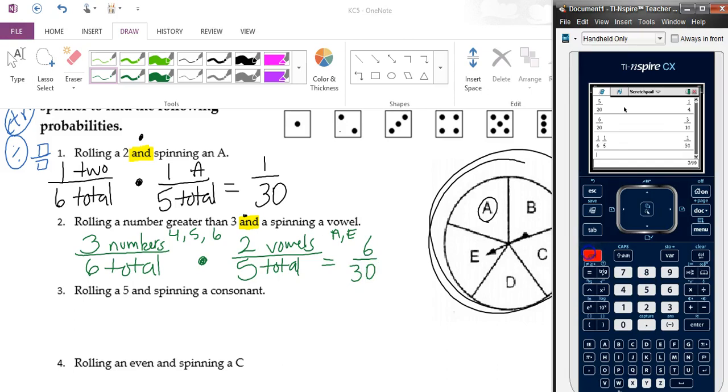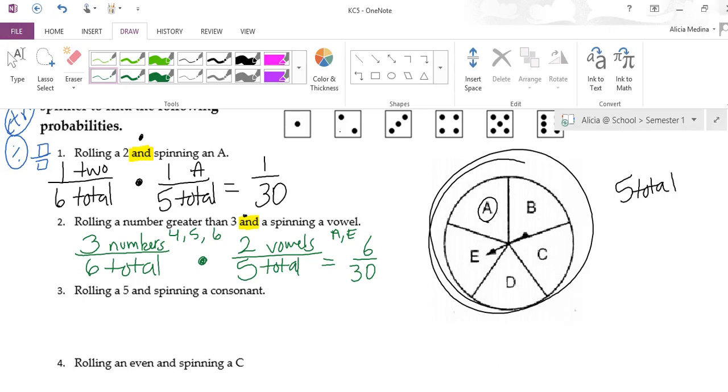You can check your work and make sure you got that fraction correct, which would be 3 over 6 times 2 over 5, and it would already simplify it for you. So when you click enter, it should give you 1/5, and if you were to divide 6 over 30, you also get 1/5. So either way, by calculator or by hand, just make sure you simplify your fractions always.